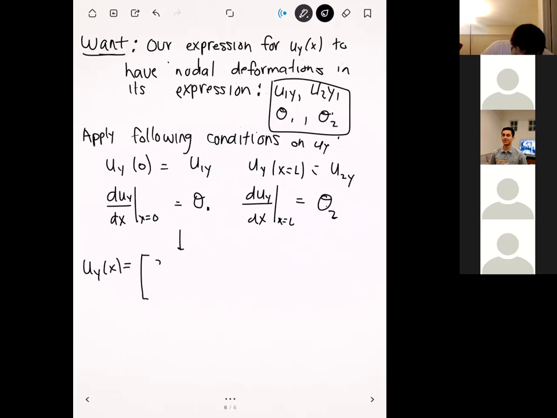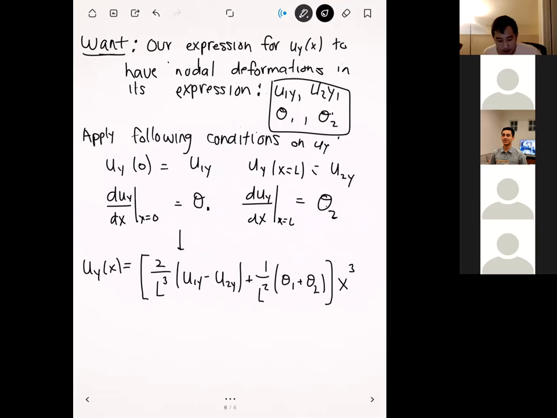Right, so our first term in uy of x is going to be 2 over L cubed times (u1y minus u2y) plus 1 over L squared times (theta 1 plus theta 2), and all that multiplied by x cubed. Okay, and so that monstrosity right there, that was just one of the coefficients, right? So this was a3 right here.